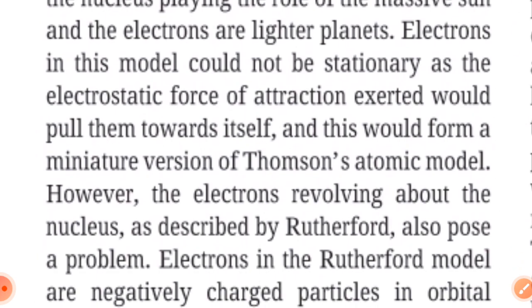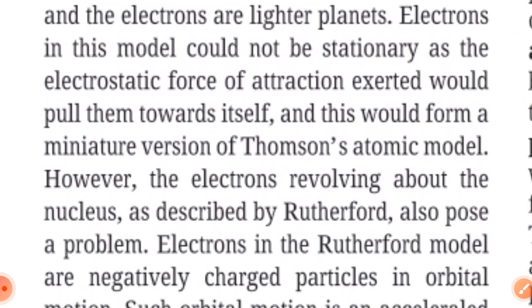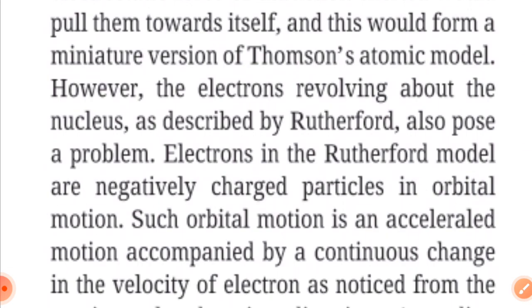Electrons in this model could be stationary, as the electrostatic force of attraction would pull them towards the nucleus, and this would form a miniature version of Thomson's atomic model.